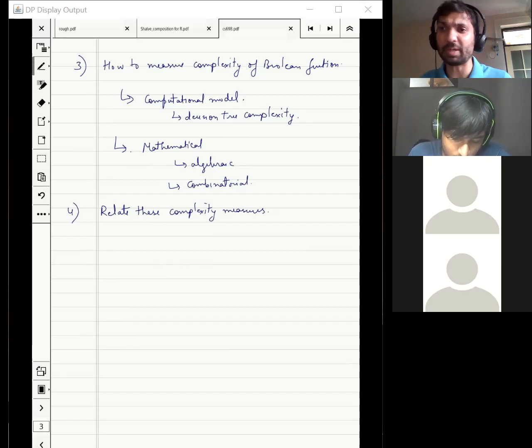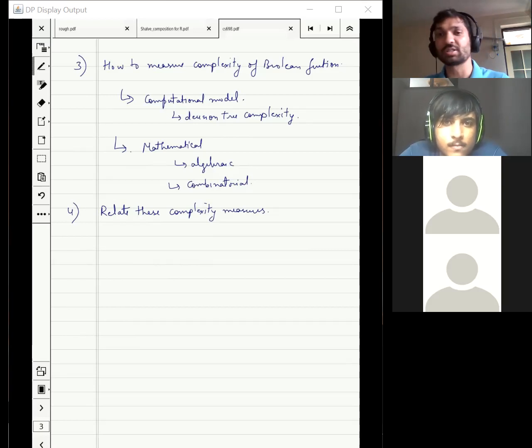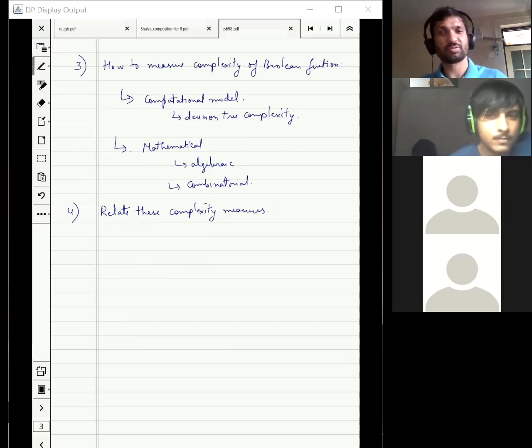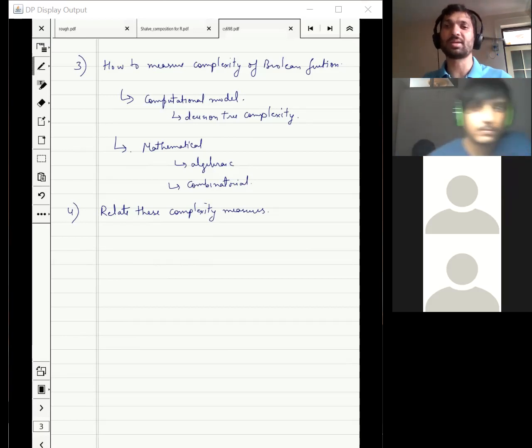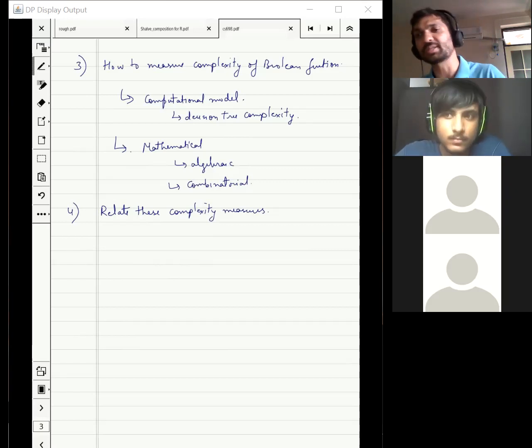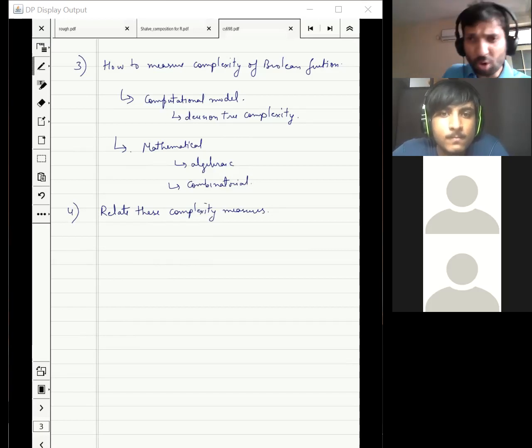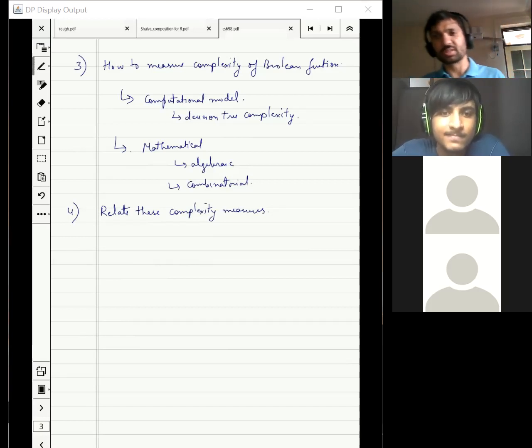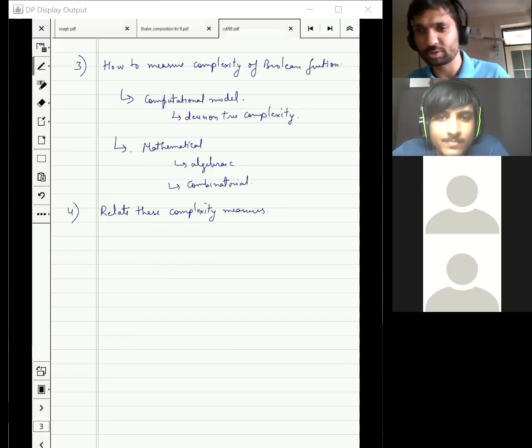That function should be complex for a computer scientist. And this is going to be our task, to find out relations. When can we say that if a function is complex in a mathematical sense, then it is complex in computer science? So all these kind of different questions, this is going to be the content of this course.